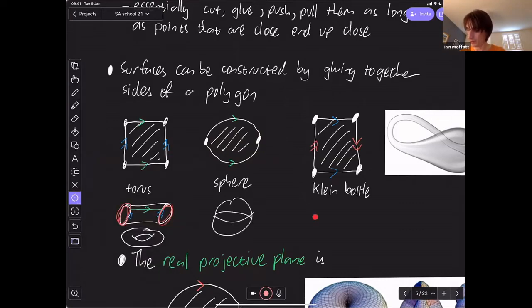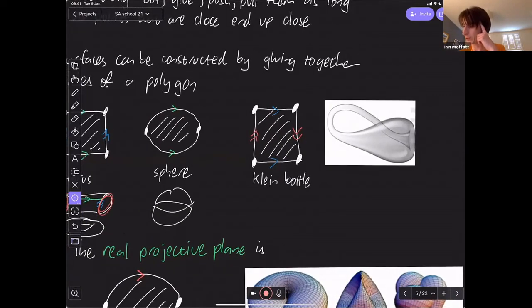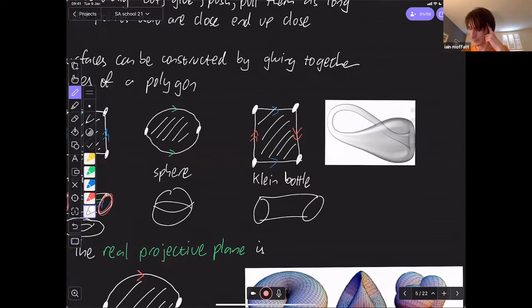Another classic example over here would be the Klein bottle. Just like the torus, I glue this side here to this side here, and that's going to give me a cylinder. But I notice that when I'm gluing these 2 red sides together, the arrows point in opposite directions.